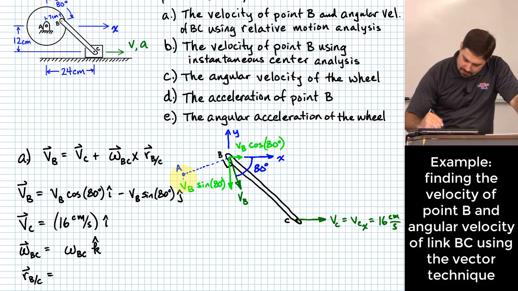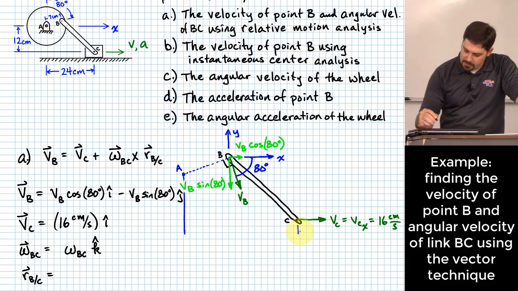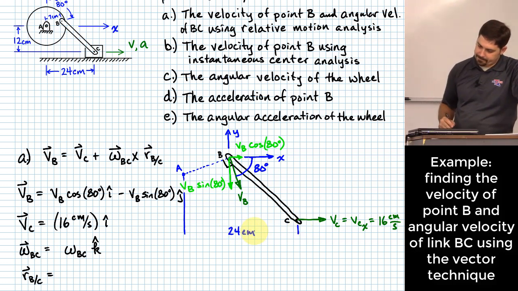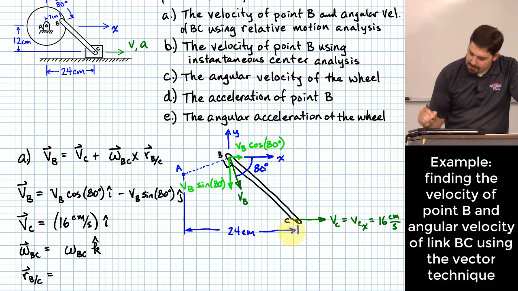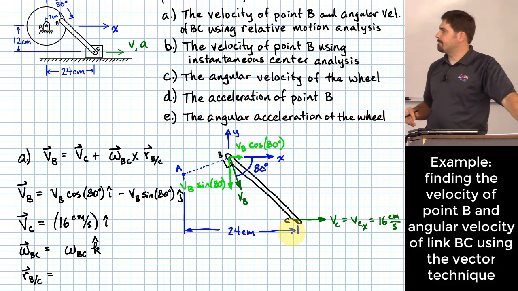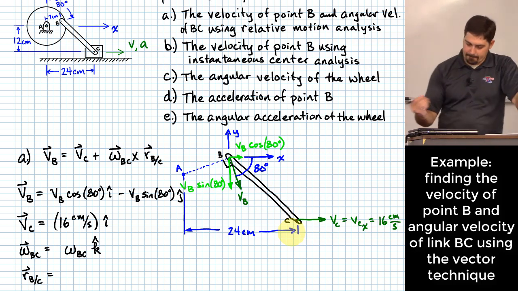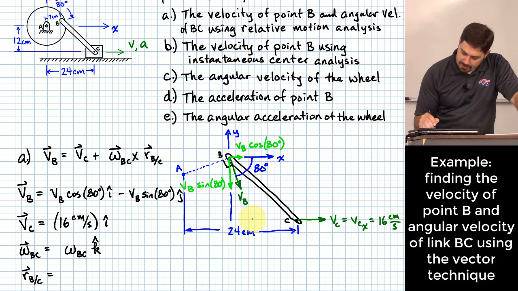I happen to know the length from point C to point A. That's 24 centimeters. Okay, and again, this is just right now at this instant. What I want to know, though, is how far do I have to go from C to B instead of from C to A?